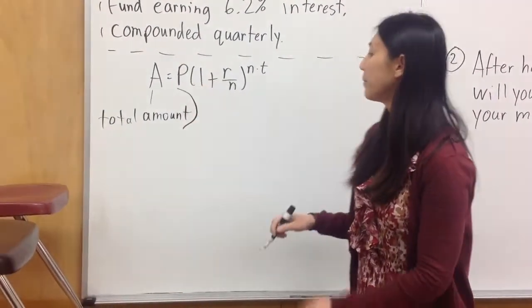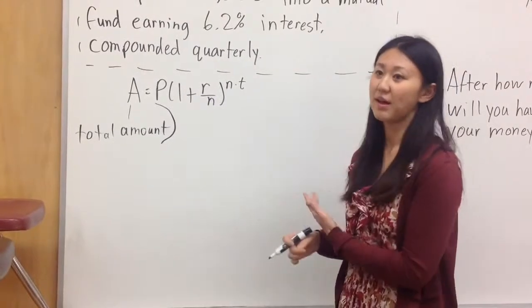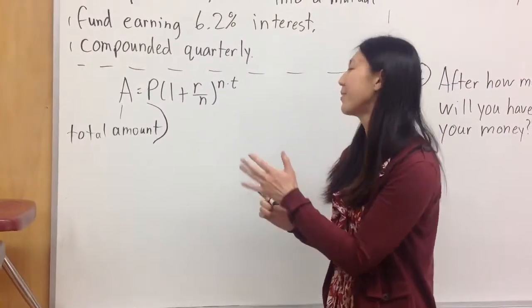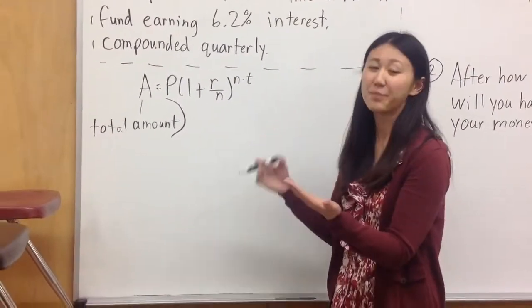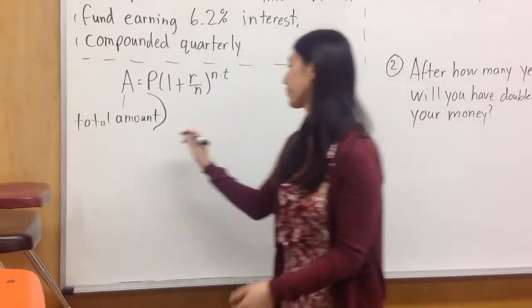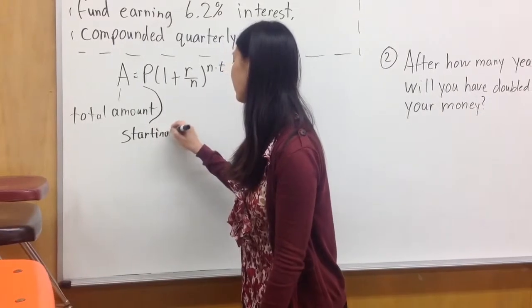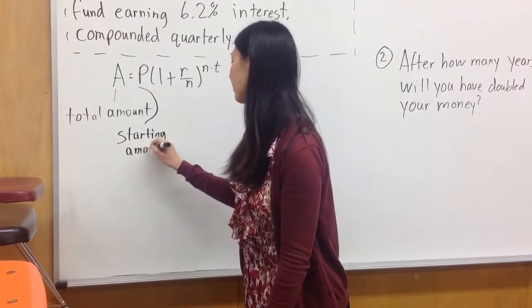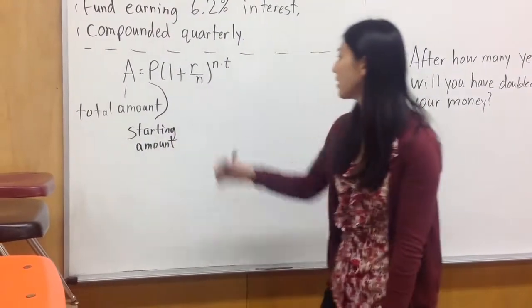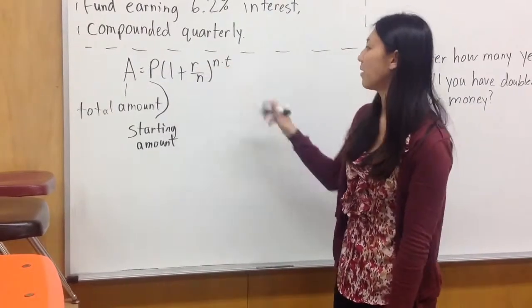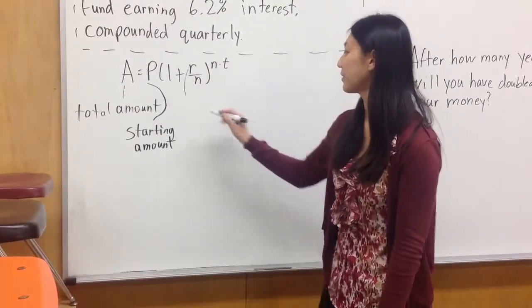Alright, P. P represents the principal. If you want to write that down, great, but a lot of people are like, wait, what's principal? Principal is the starting amount. Alright, now we have R. R is the rate.